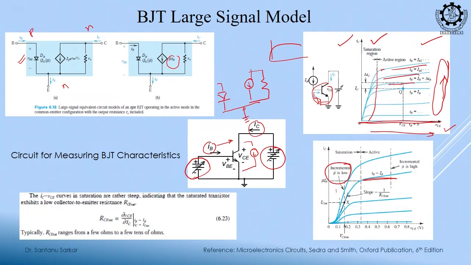So, beta is also maximum in the active region, but in the saturation you see current value is less. Okay. So, in this saturation region, my beta value is different than the active region. Okay. This is called forced beta or saturation beta, and its value is less than the actual beta, clear.